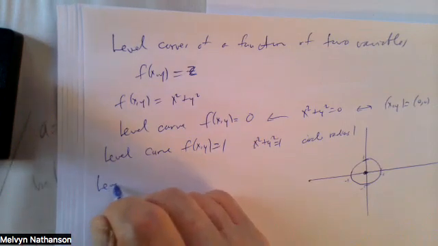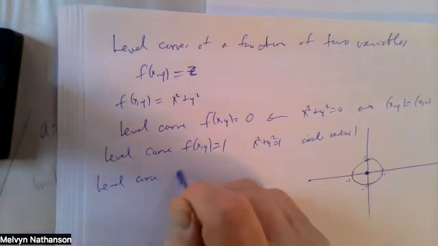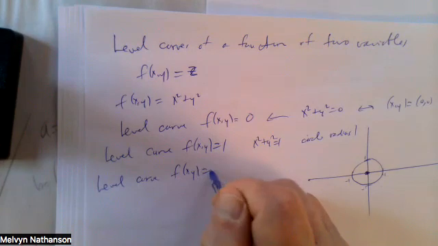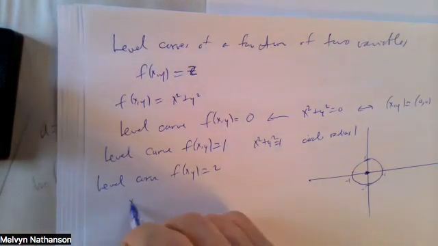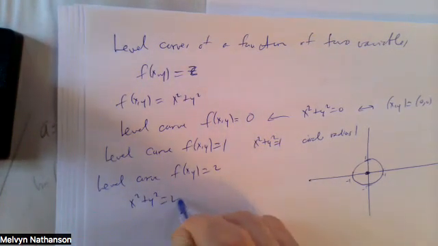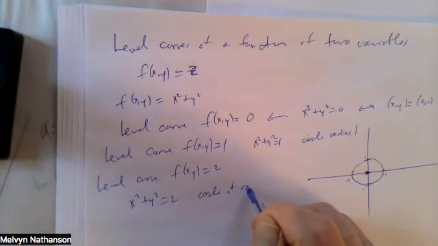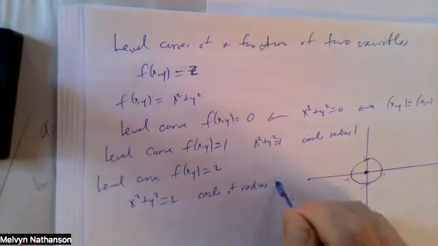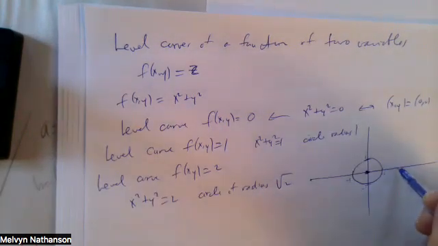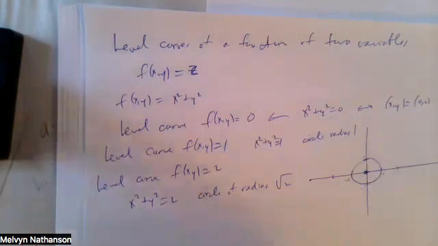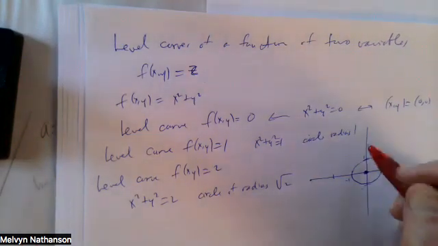What's the level curve f of x, y equals 2? Those are the points x squared plus y squared equals 2. This is also a circle of radius square root of 2. So square root of 2 is about 1.4.